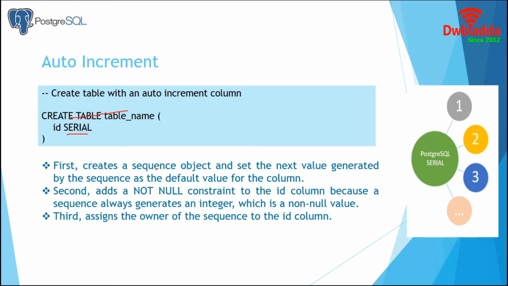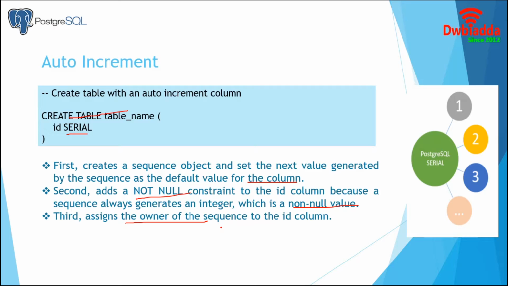First, it creates a sequence object and sets the next value generated by the sequence as the default value for the column. Second, it adds a not null constraint to the ID column because a sequence always generates an integer, which is a not null value. Third, it assigns the owner of the sequence to the ID column.